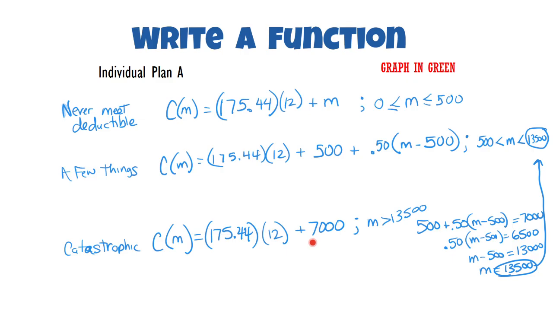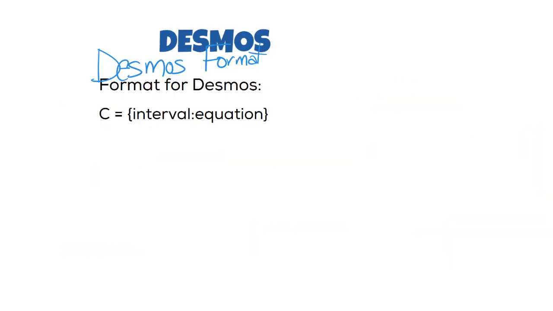Okay, so now I have one more thing. We've got all of these written. What we want to do now is we want to graph this in Desmos. And for whatever reason, the format in Desmos is backwards of how we write a piecewise function. So when you go into your Desmos, you're going to do a C equals, and then you have to use a brace to indicate this is going to be a piecewise function.